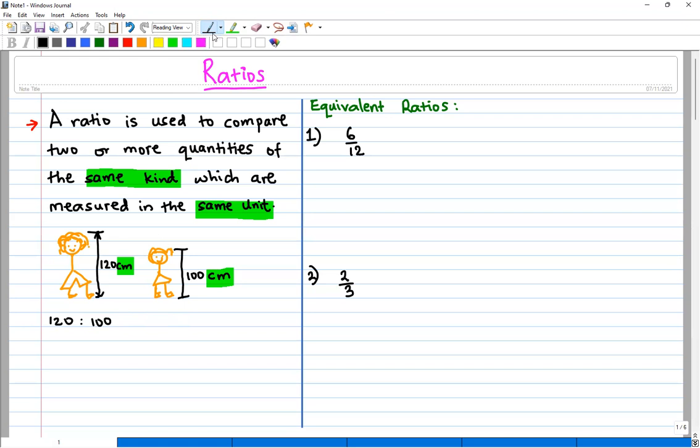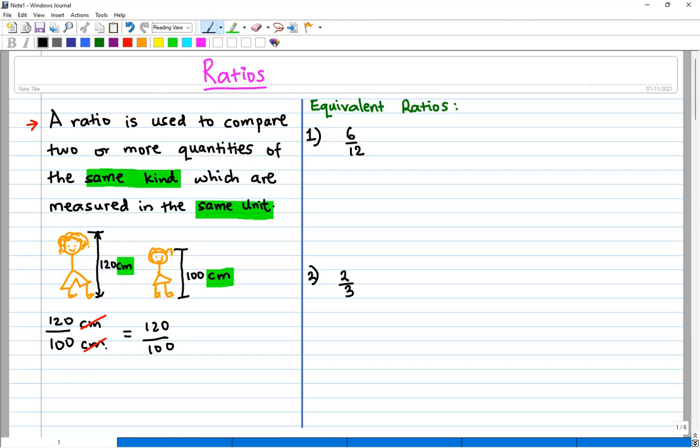So just assume that we will write it as a fraction. We will have 120 out of 100, and of course centimeters, and then this centimeter will cancel with this centimeter. So we will remain with no centimeters. So it means that now we are having 120 out of 100. So that's why we don't have units when we are talking about ratios.